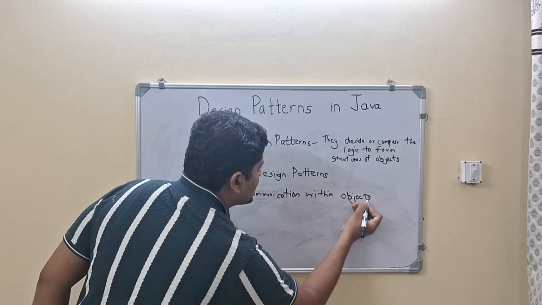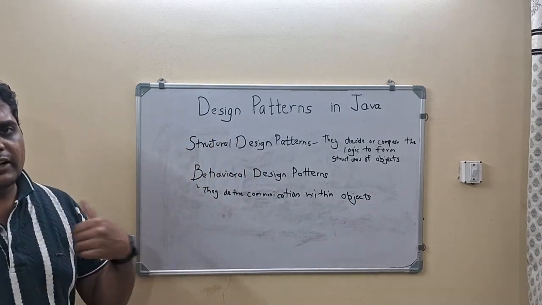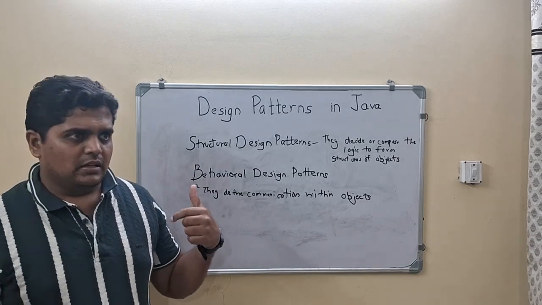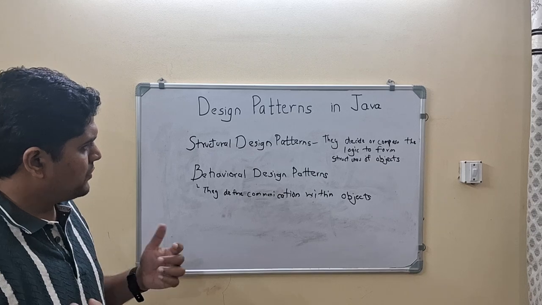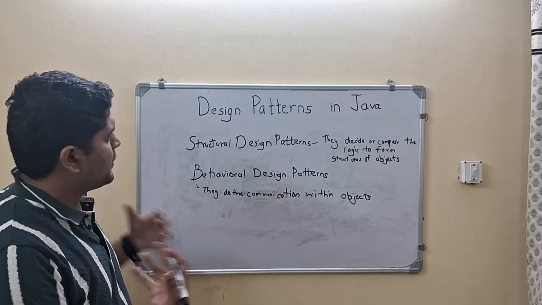So let's consider there are n number of objects, 2 objects, 3 objects. How do they interact with each other, and what strategies do they implement for interaction and for communication? That comprises the base of behavioral design patterns.